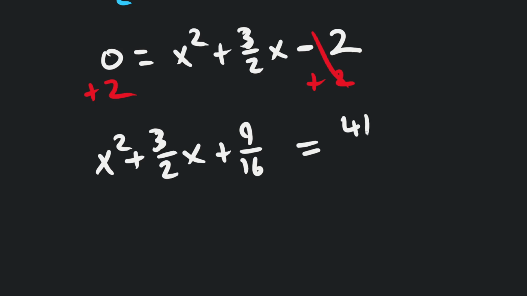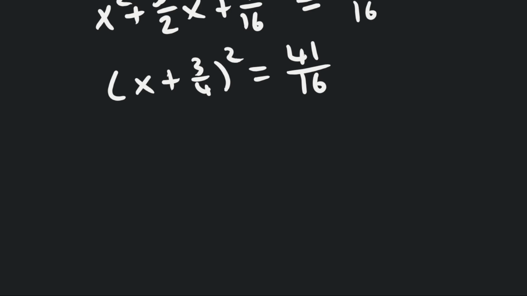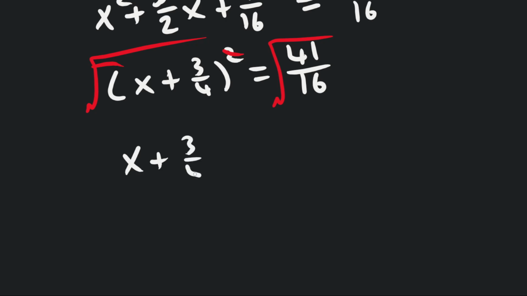So 41 over 16. And now this is a perfect square trinomial, so this is x plus 3 over 4 squared equals 41 over 16. And then if you take the square root of both sides, that would come out to x plus 3 over 4 equals plus or minus the radical of 41 over 16.